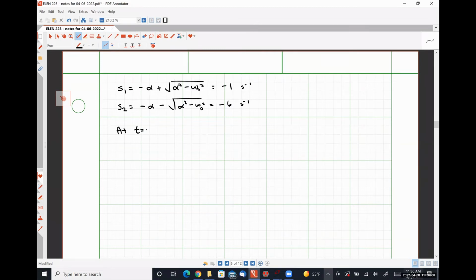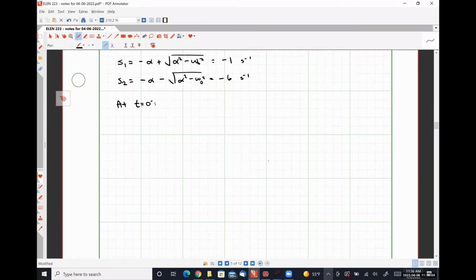At t is equal to 0 minus, our circuit looks like this. We have a 20-volt source in series with a 4 ohm resistor. Our inductor L1 looks like a short circuit.